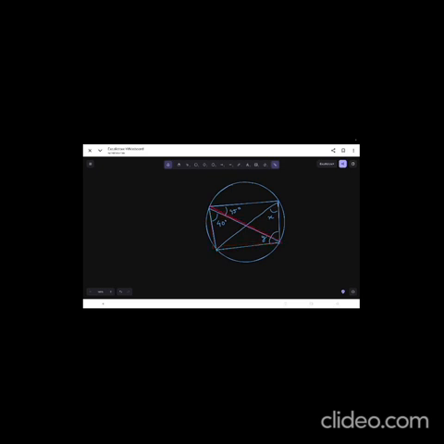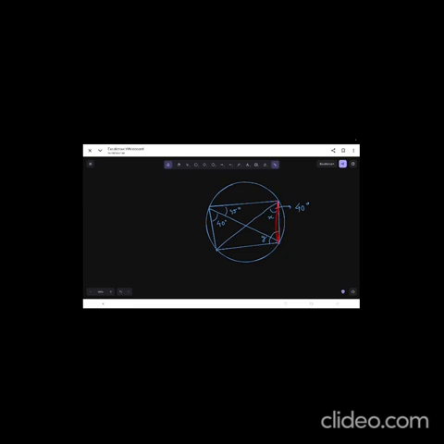This is a triangle, this is a triangle on the same chord. So this value will be what? This value will be 40 degrees. Same theorem, guys, just the same theorem. You just have to learn the theorem. If you have learned the theorem, it's very much easy. Now see it carefully.